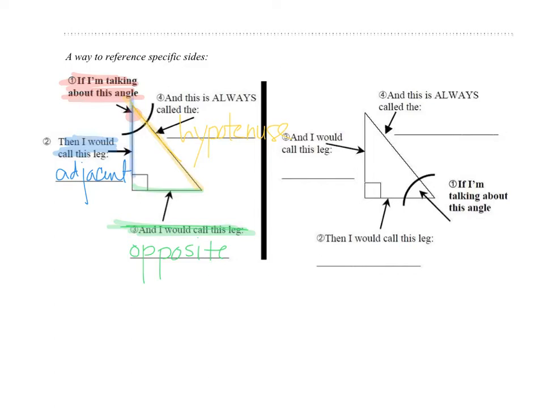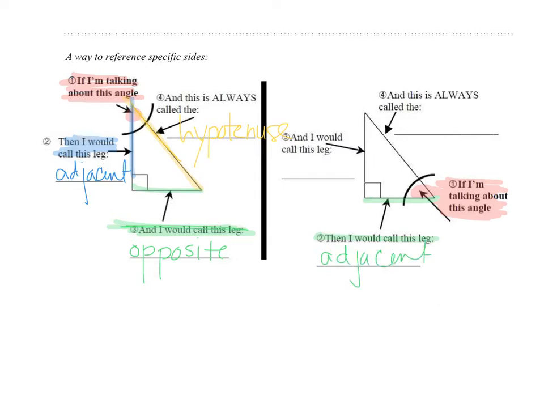Okay, now in the second picture, notice now I've changed it so that I'm talking about this angle down here. So now I'm dealing with this angle. Okay, so let's go around our circle and follow the numbers. This time, I would call this leg here the adjacent leg or adjacent side.